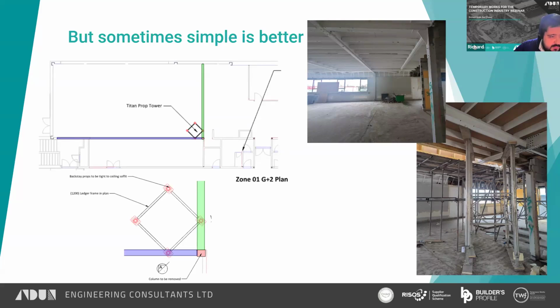And because you didn't use so many props, you've got a large, clear, open space where you can get on with all your other works, as Josh did at the India building. You can have props in, and that was the roof being replaced behind these props. So if you had a line of props going through that, it would have been very awkward to replace a roof.